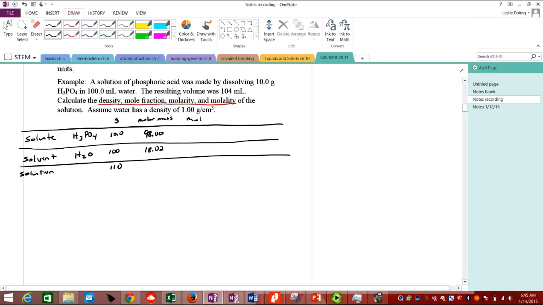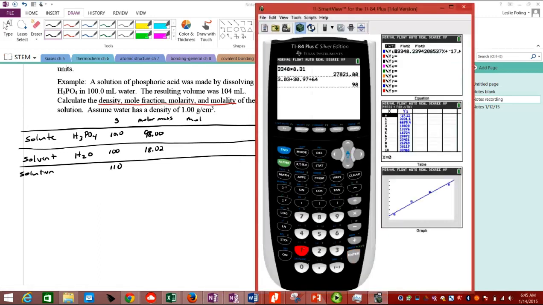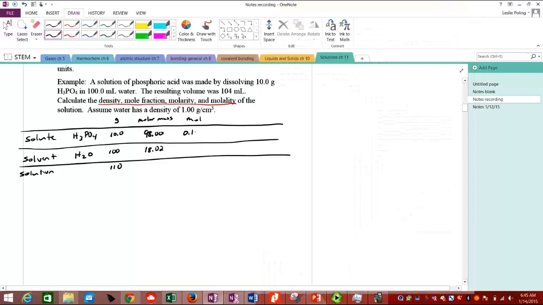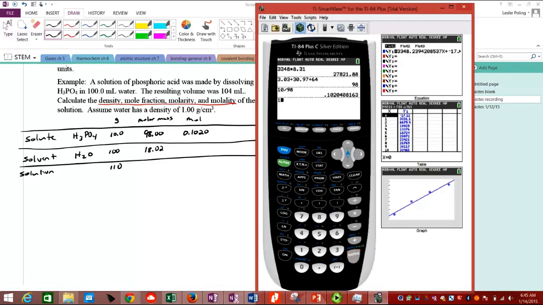So our moles: 10 divided by 98, we have 0.1020. We keep some extra digits. And then 100 divided by 18.02, we have 5.549.